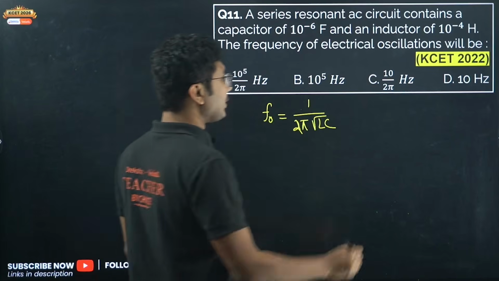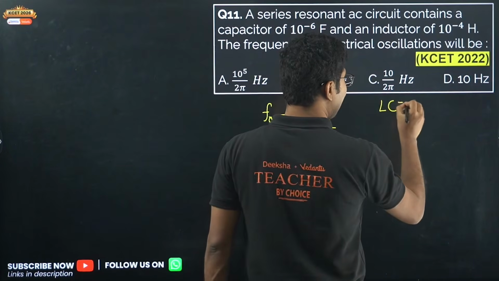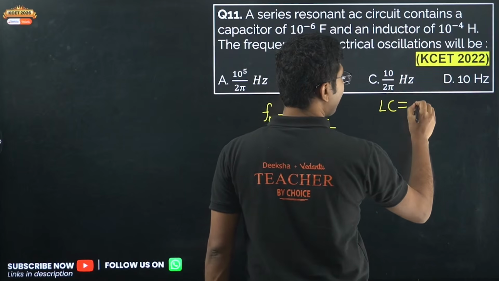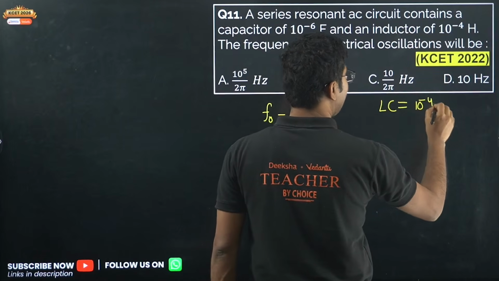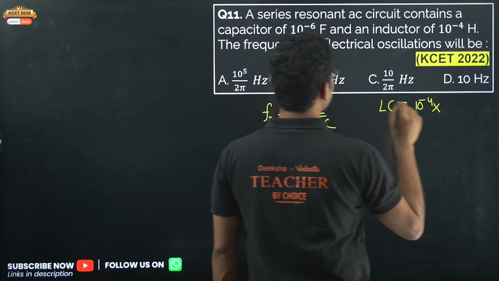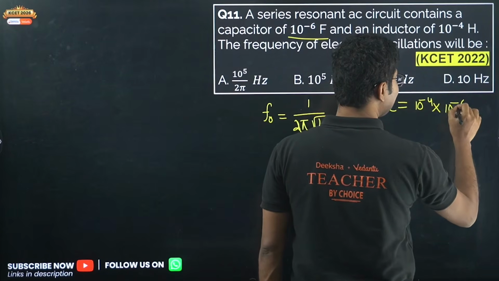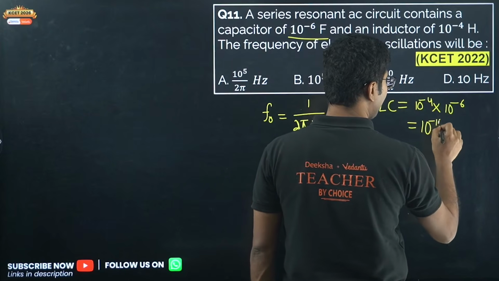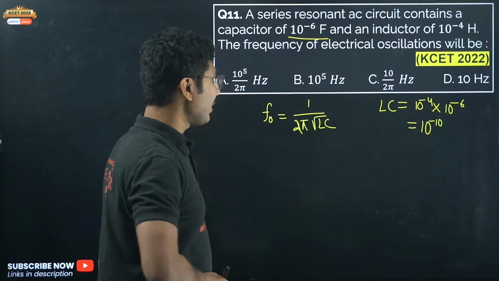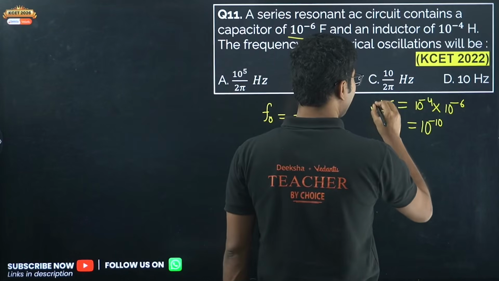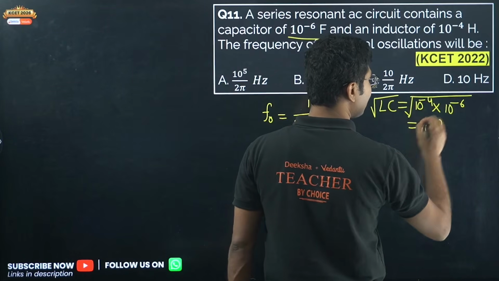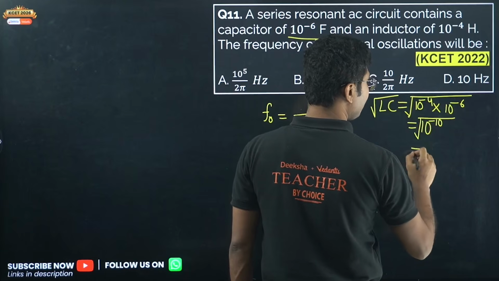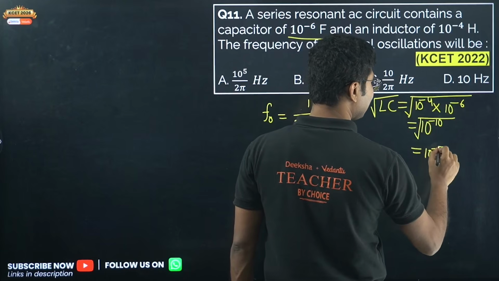So first we will calculate L into C. L is given here as 10 to the power of minus 4 Henry and capacitance is given as 10 to the power of minus 6 farad. So we get LC equals 10 to the power of minus 10. So what about the square root of LC? The square root of LC will be 10 to the power of minus 5.